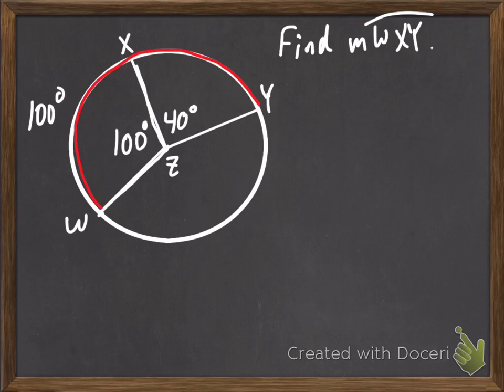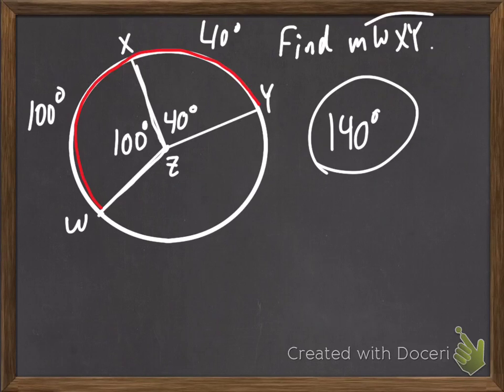So this is 100 degrees, which means that this is 40 degrees. So I add them together and I find that it's 140 degrees. So that's our answer. Please note also, I know this picture is not to scale, so don't assume it is to scale unless it says so. I just threw some numbers in here.